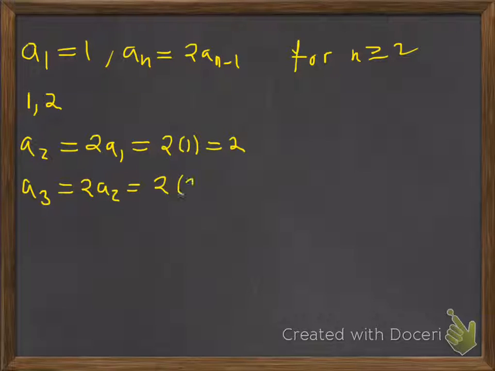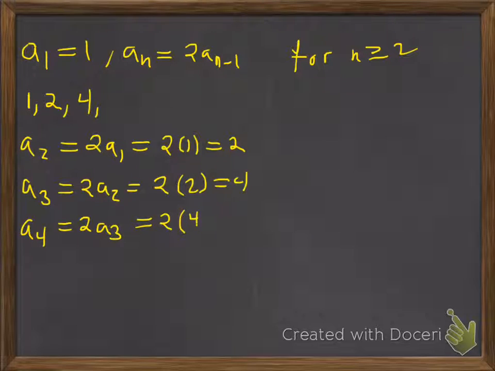next term. And then the next one will be 4, and then 16, and then 32, etc. So you're just multiplying the previous term by 2. Now this isn't the only way that we could write this sequence. It doesn't necessarily have to be recursively defined.